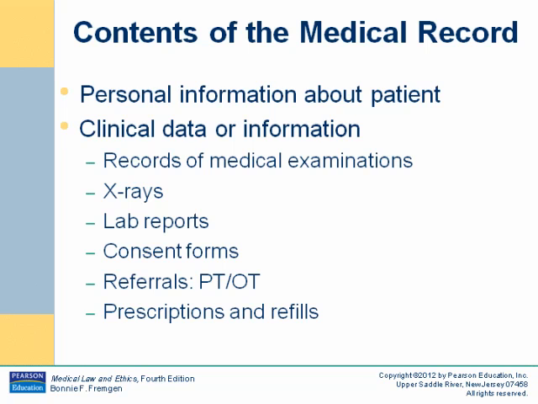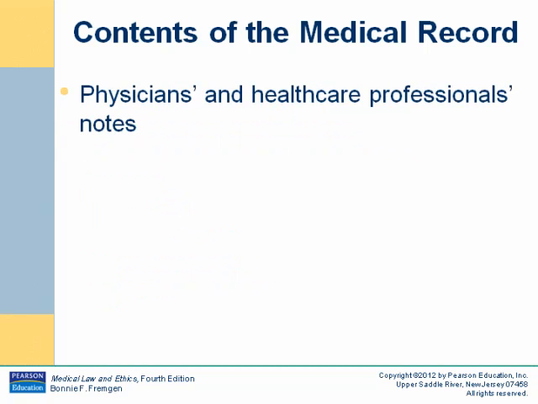What doesn't belong in here are personal opinions. And you saw, if you've read the chapter, the patient is annoying. Now, the patient may be annoying, but it's not something that goes in the medical record. That could be other things, one more thing, physicians and healthcare professional notes. And that's just it, professional notes. Nothing about your personal opinion about the patient.